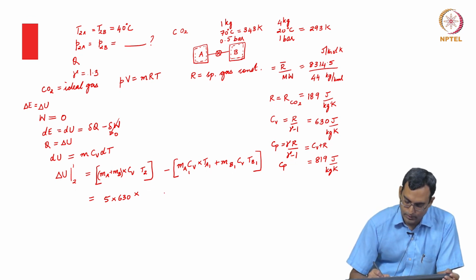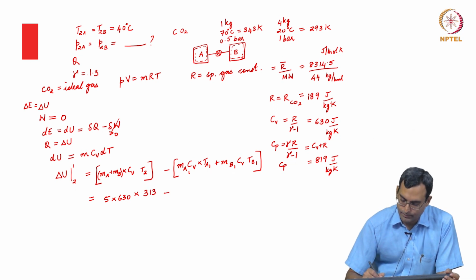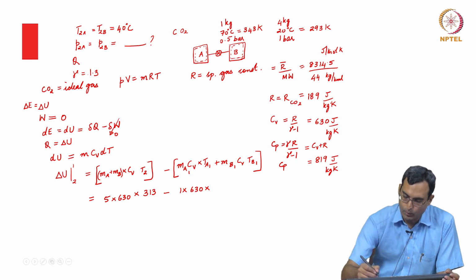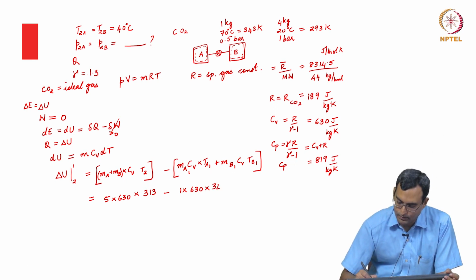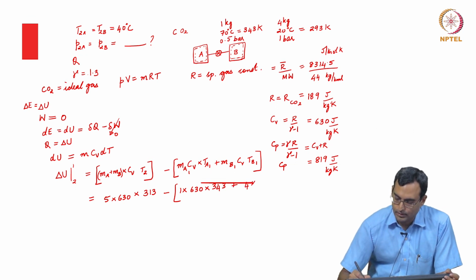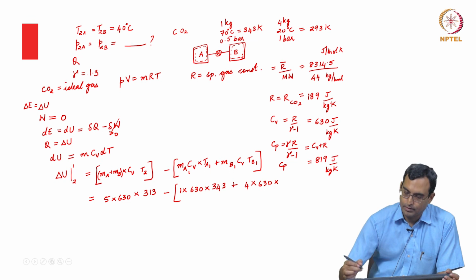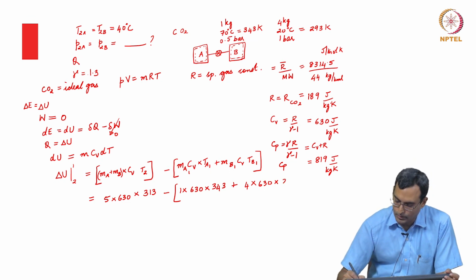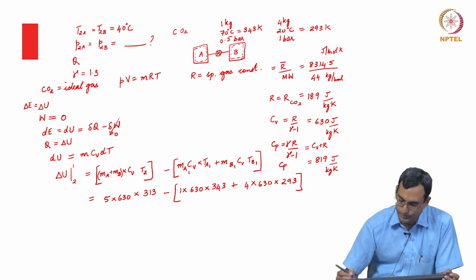So, T2 is 313, minus Ma1, which is 1 kg, into 630 into Ta1, which is 343, plus Mb1, which is 4, Cv is 630 joule per kg Kelvin, and Tb1 is 293. So, this is what I want.